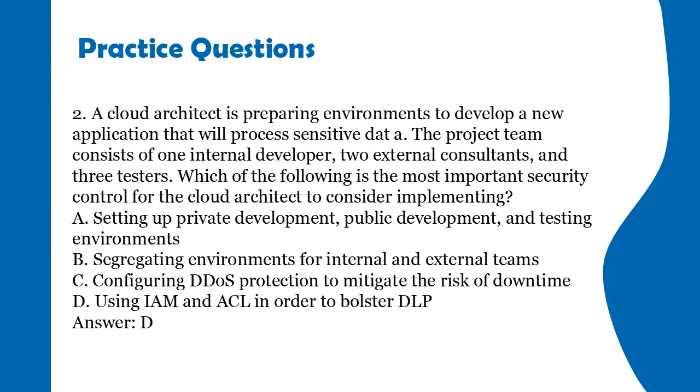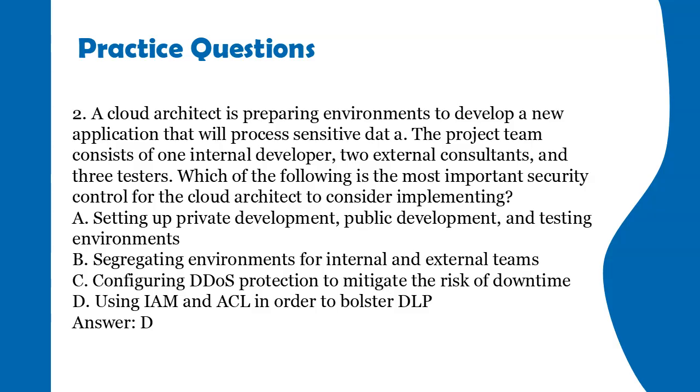2. A cloud architect is preparing environments to develop a new application that will process sensitive data. The project team consists of 1 internal developer, 2 external consultants, and 3 testers. Which of the following is the most important security control for the cloud architect to consider implementing?